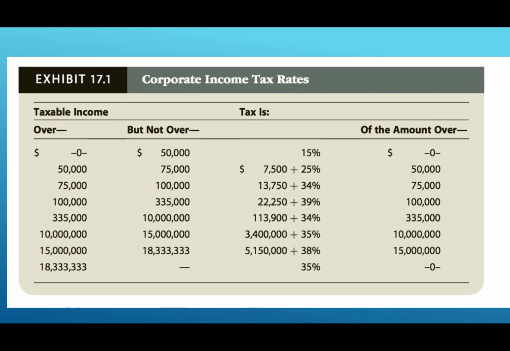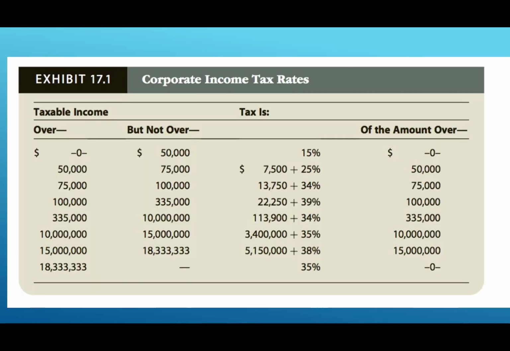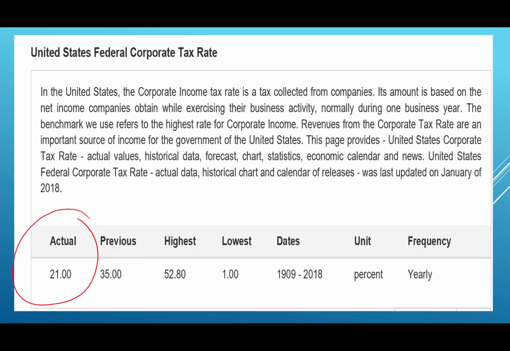But they have changed that under the new law, and they've lowered the corporate tax rate to 21%, and it's a flat rate, 21%. So instead of Apple having to pay 35%, they're going to have to pay 21% going forward. That's a pretty nice tax cut, right?